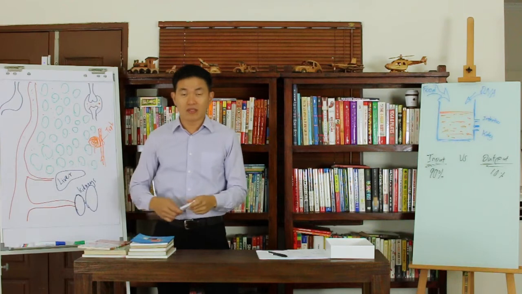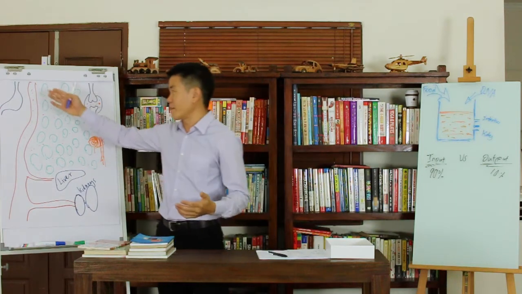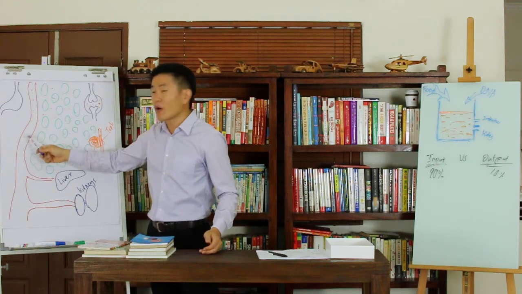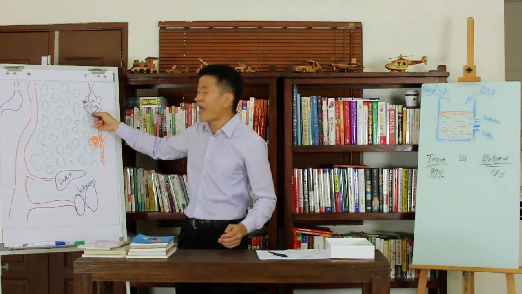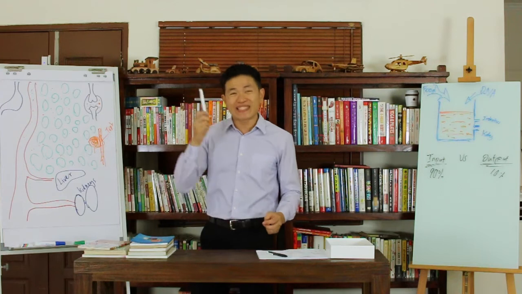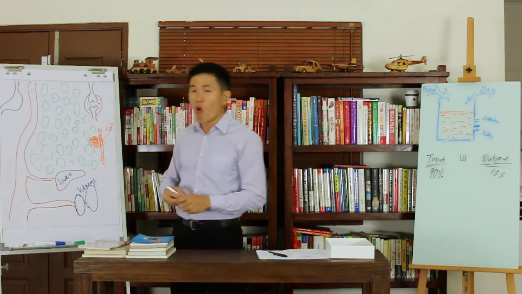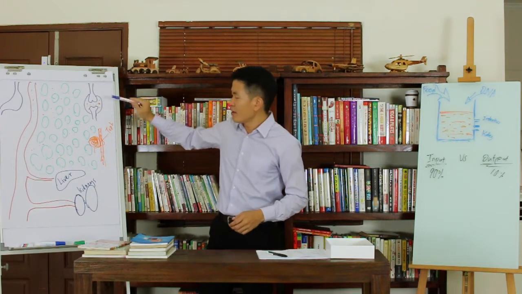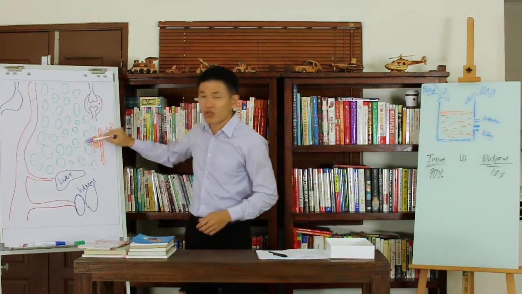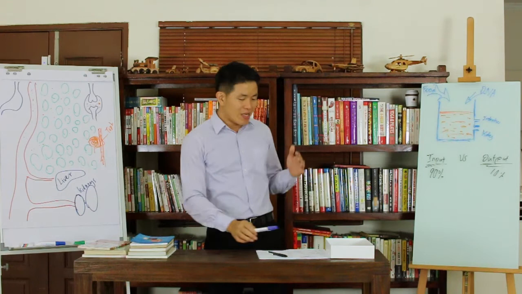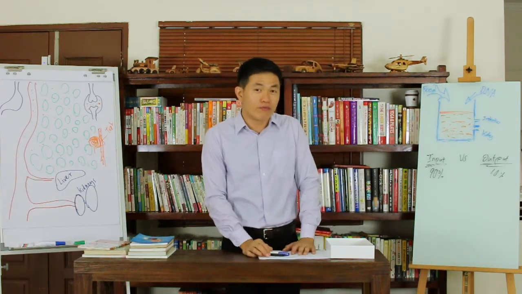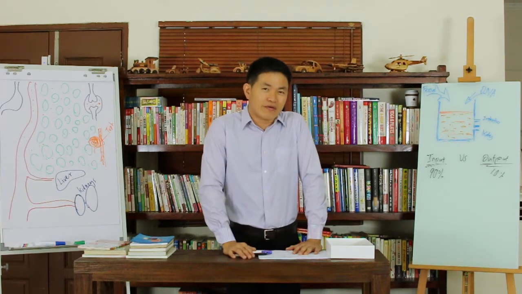The reason is that stopping the consumption of high purine food only stops the addition of uric acid, but it doesn't remove what is already stored here and here, especially here. So just by abstaining from high purine food, it won't solve your current gout problem.